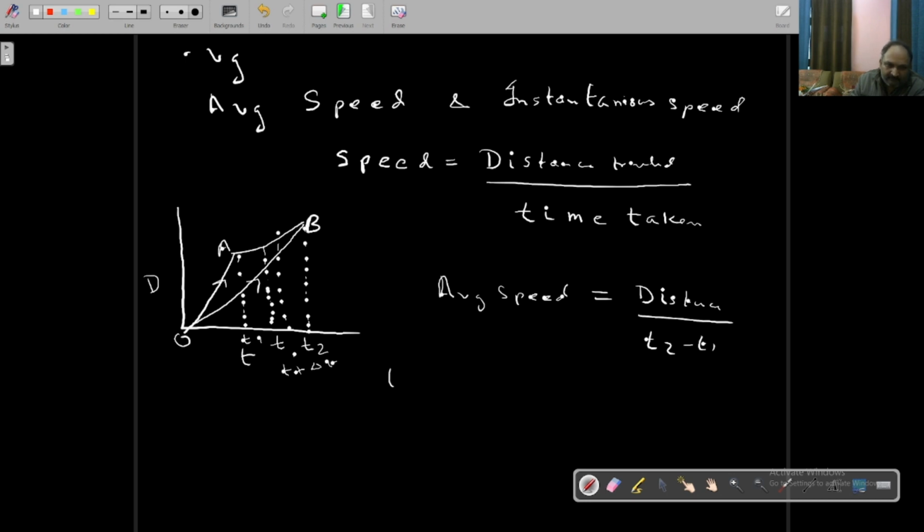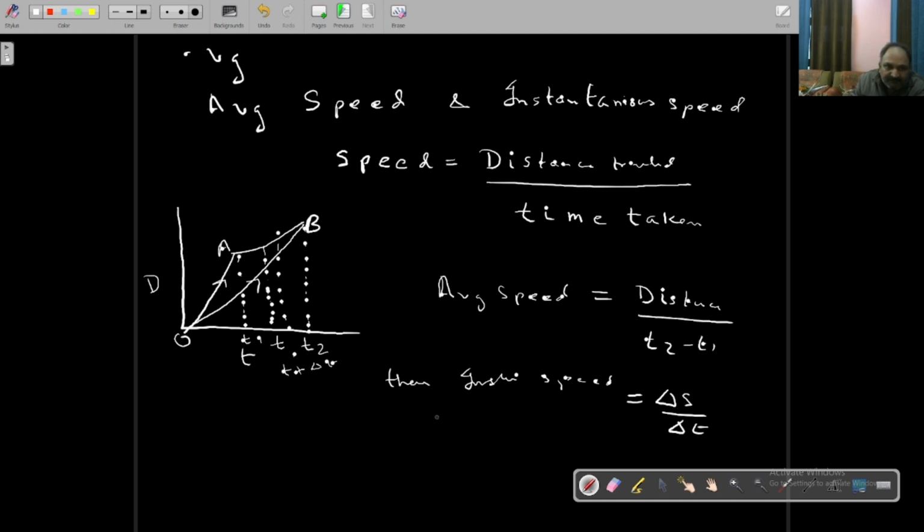Then instantaneous speed is equal to delta s, a small distance, divided by a small time.